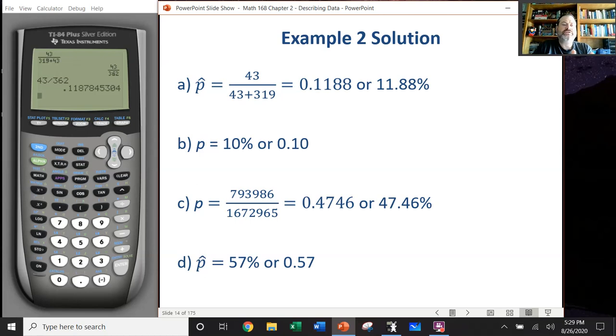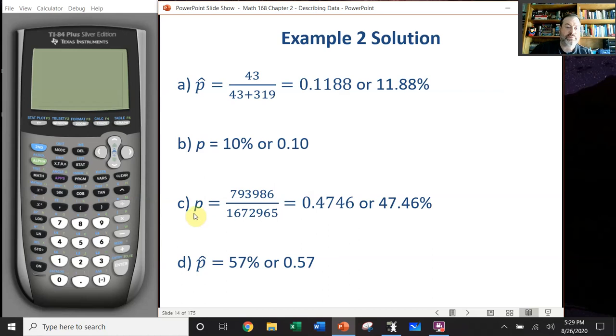So some of you are thinking that this is very easy, and that's okay. But the point I want to make, and this is very hard to remember because students will start asking about this in a couple weeks, is that the focus of this class changes once we hit chapter 3. You have to remember that proportions of samples or populations can be computed or they can be given.